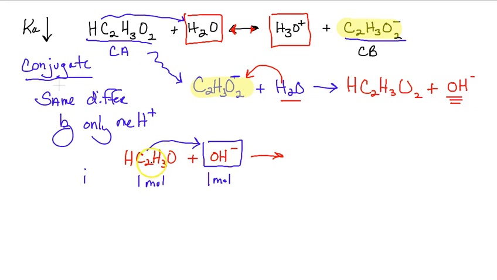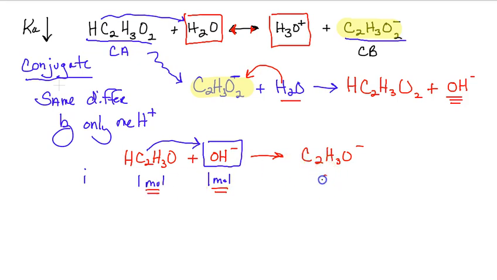So in water, this barely goes forward. Barely. The Ka is extremely low. But with a strong base, it forces all of this to produce our conjugate base, C2H3O2 negative. It forces its hand stoichiometrically. As many moles of base as I have is as many moles of conjugate base.